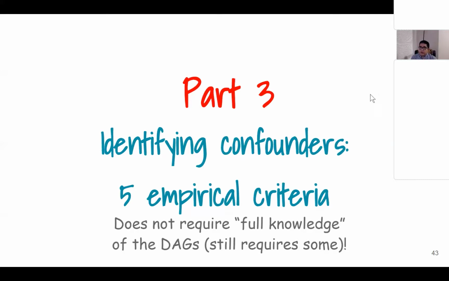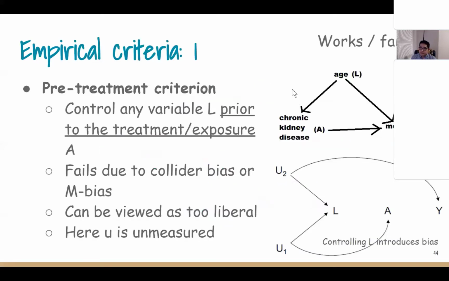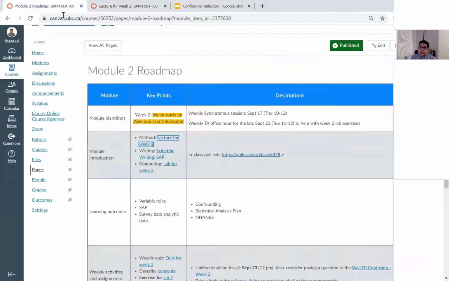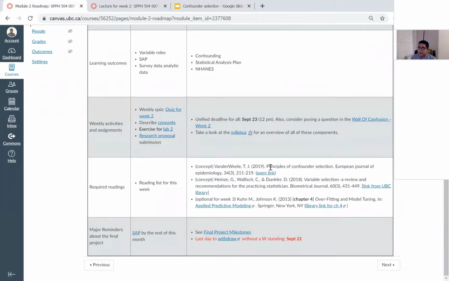So I'm going to talk about a technique today where you do not need full knowledge. You only need the knowledge of some aspect of it. Before I start, I should mention that all of this that I'm describing here is described in this one paper.